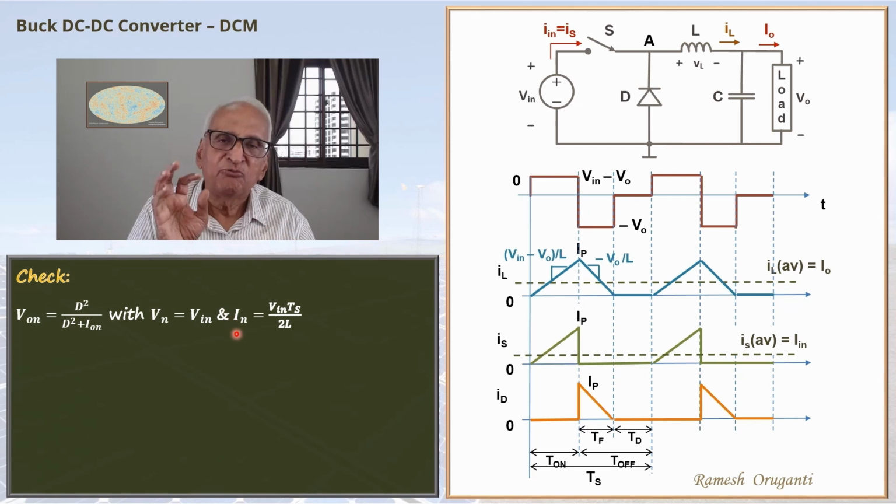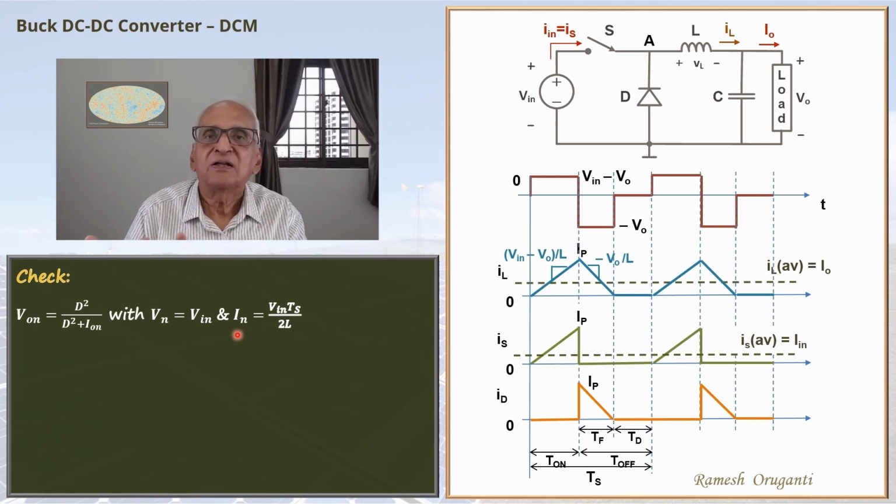Remember, you have continuous conduction mode, discontinuous conduction mode, and in between is the boundary operation of the converter. At the boundary, the CCM equations must be valid. At the boundary, the DCM equation must be valid. In the video on the boundary operation of the DC-DC converter, we derived an equation for IOB, the boundary current.